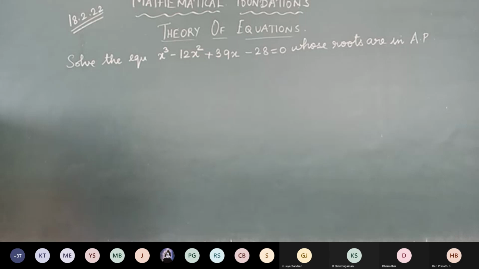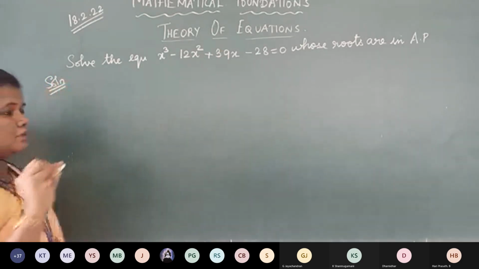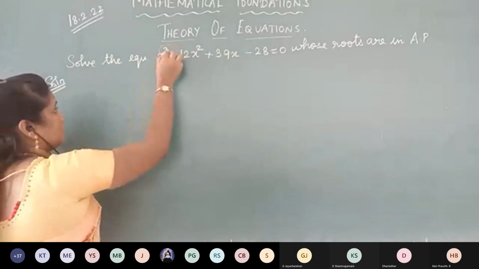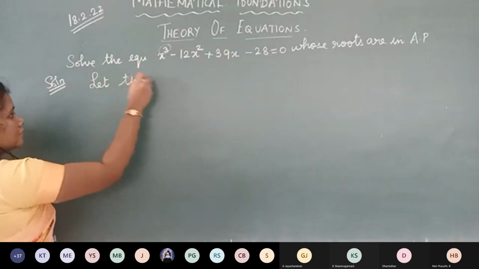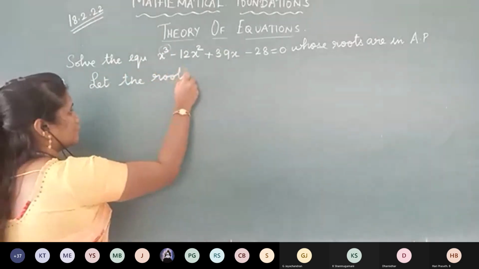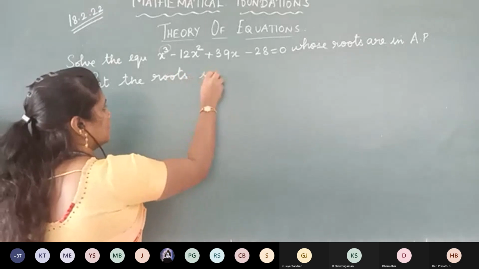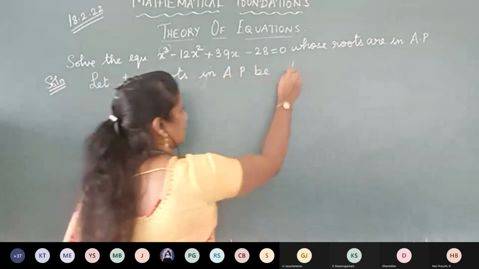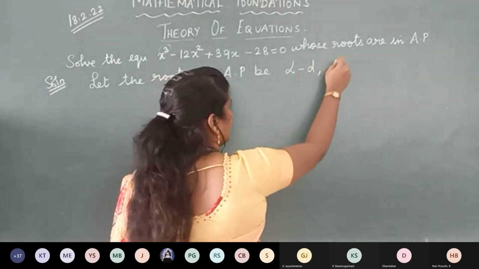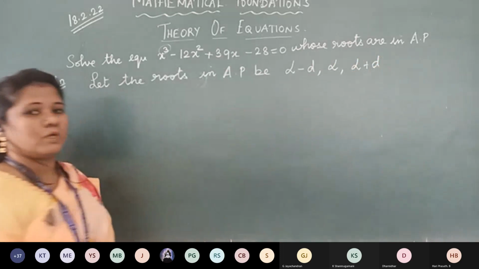Since it has been given as AP, first we will take the roots. Let the roots in AP be alpha minus d, alpha, and alpha plus d.